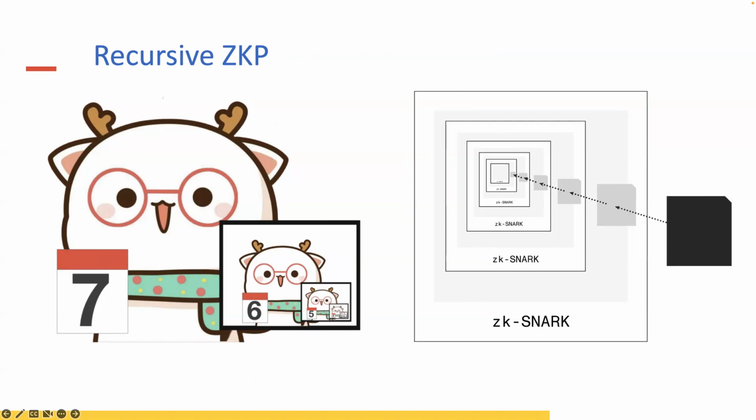Previously we talked about how the function that we are going to prove can be anything, an arbitrary complex function or computation. But if you remember, we kind of flipped it on its head. When we verify a SNARK proof, the verification is also a computation, right? You're running some algorithm, like an ECDSA signature verification. It's a certain computation.